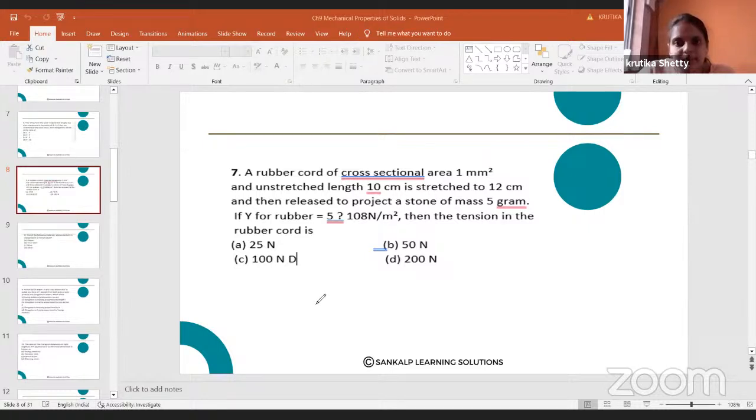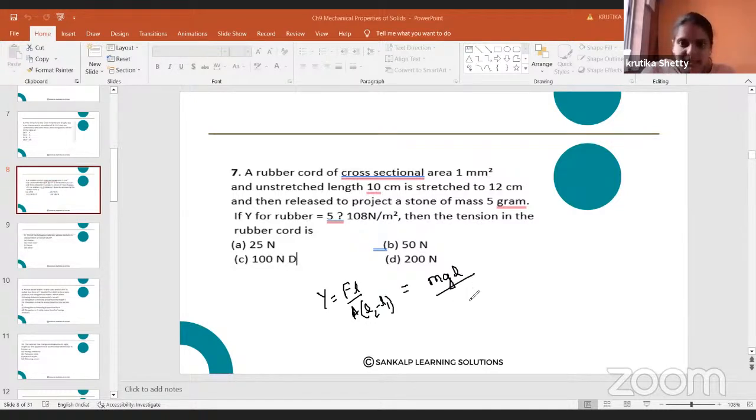So what we are going to do here is Y is equal to FL upon A into L2 minus L1. Take the change in length as L2 minus L1, right? Force is not given. So what we need is the tension, which is actually mg. That is the term we need.